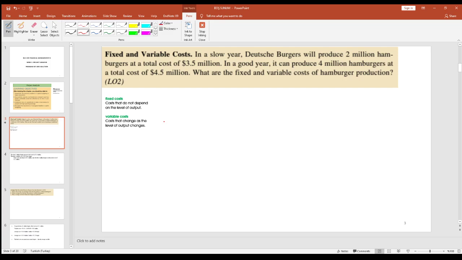So let's try to focus on what was given. We have two cases. In a slow year, we have 2 million burger production. This requires $3.5 million.